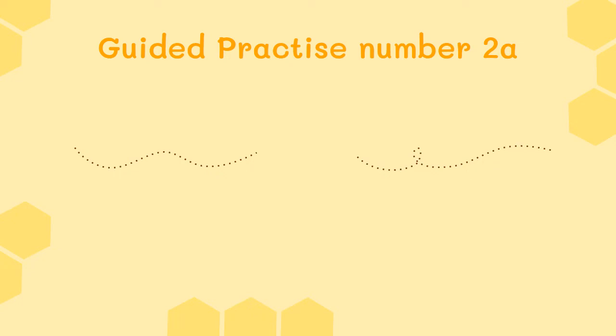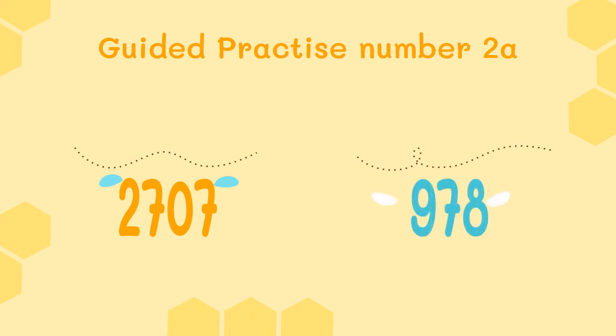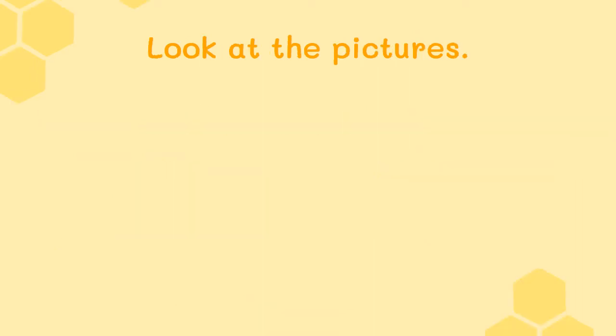Let's go to guided practice number 2A. Still textbook page 22. 2,707, 978. The question, which number is smaller?